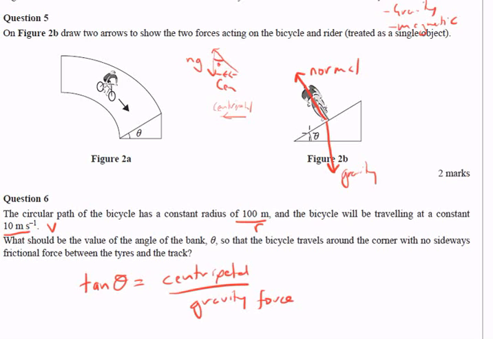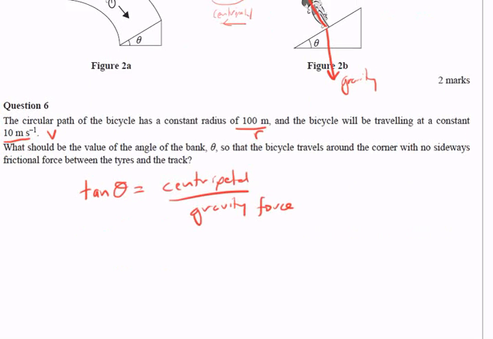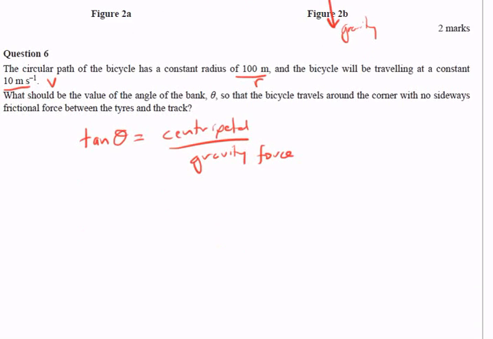Theta are the same angle. So we can work out that angle using this triangle, because tan theta equals opposite over adjacent, and there's the opposite centripetal, and there's the adjacent mg. So that's why I've got tan theta equals centripetal over gravity force.